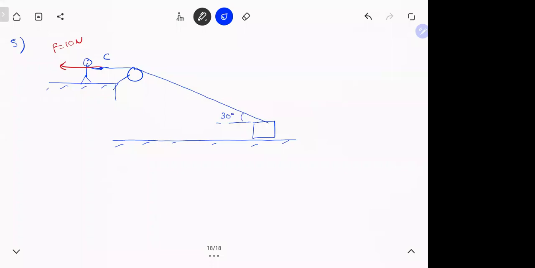The angle is 30 degrees, and this height was 10 meters. This is B, this is A, this was 10 meters. Okay.